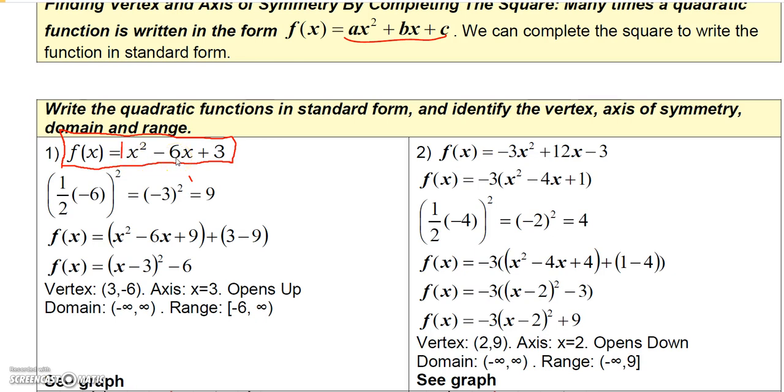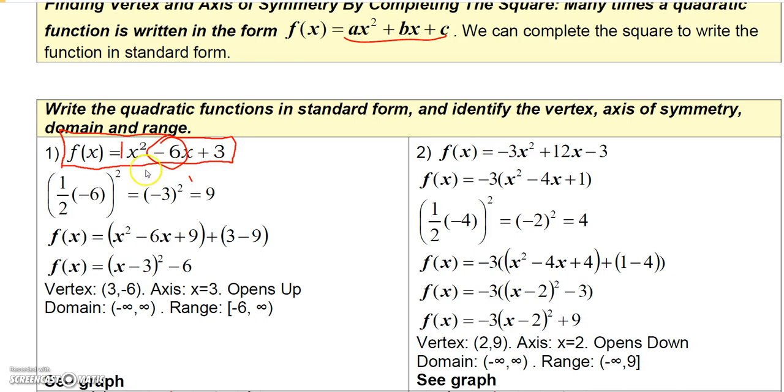But I'm going to assume that you know what to do to complete the square, but I'll tell you what we're going to do. This b term here, that is negative 6, in order to complete the square, we need to add a term to the x squared and the minus 6x that makes the three terms, not counting this one, a perfect square.